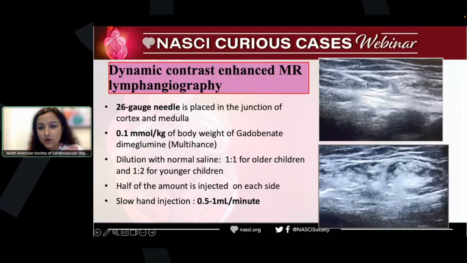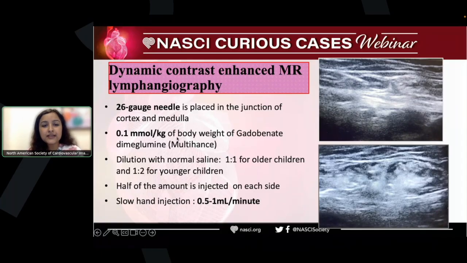So cannulating is important because you have to place your needle at the junction of the cortex and the medulla. This is where the lymphatics will have the maximum drainage. So this is where the needle is placed. This is a small lymph node, and both inguinal lymph nodes are cannulated, and then a total of 0.1 millimole of gadobenate is something that we prefer, which shows good lymphatic imaging.